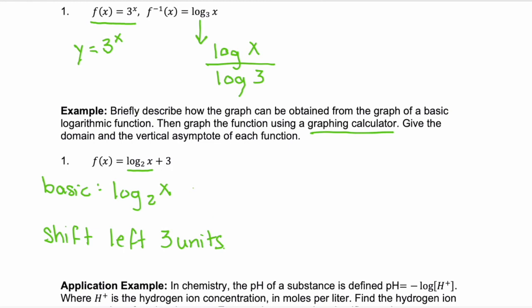But how do we graph this? Because it has a base 2, we need to do that change of base. So on the top, we have log of what we were originally taking the log of, and on the bottom we have log of the original base, log 2. We can enter this into our calculator now.